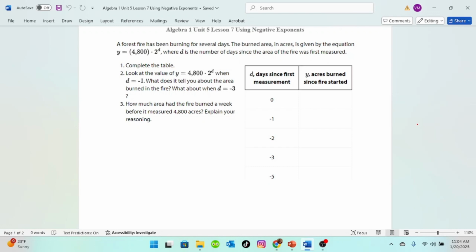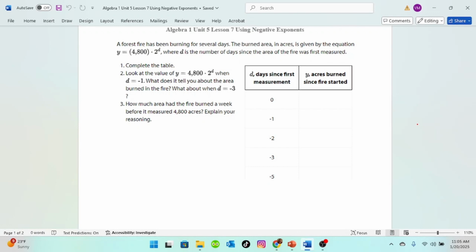So what this is saying is that originally the area was 4,800. And every day that goes by, that fire is doubling in size. That's why we're multiplying by 2 each day.